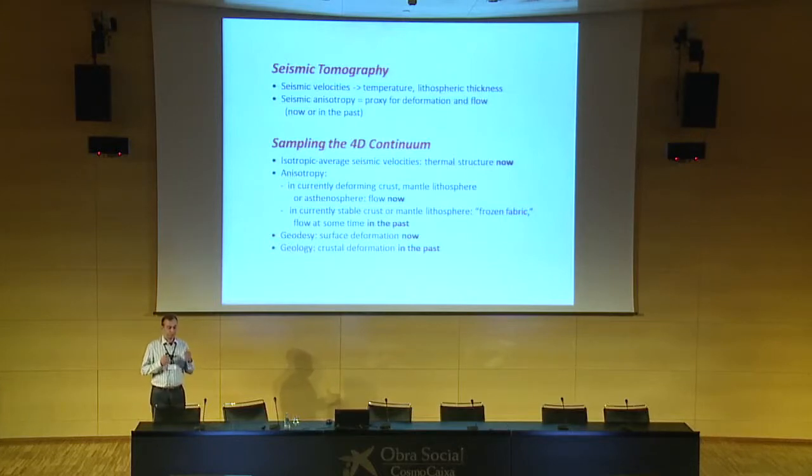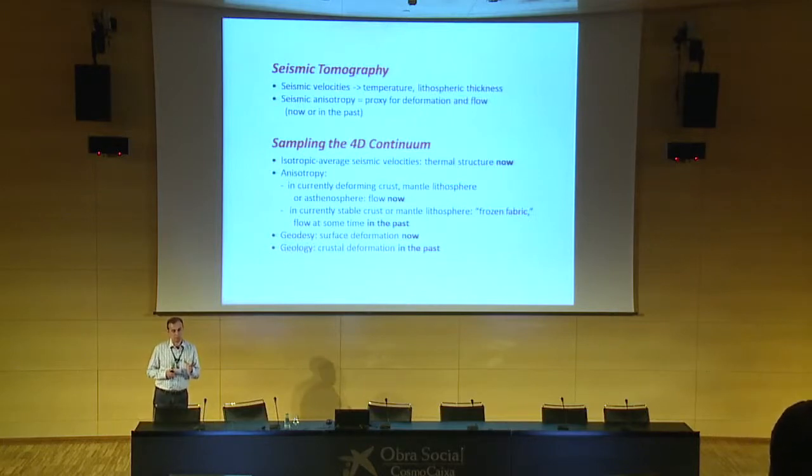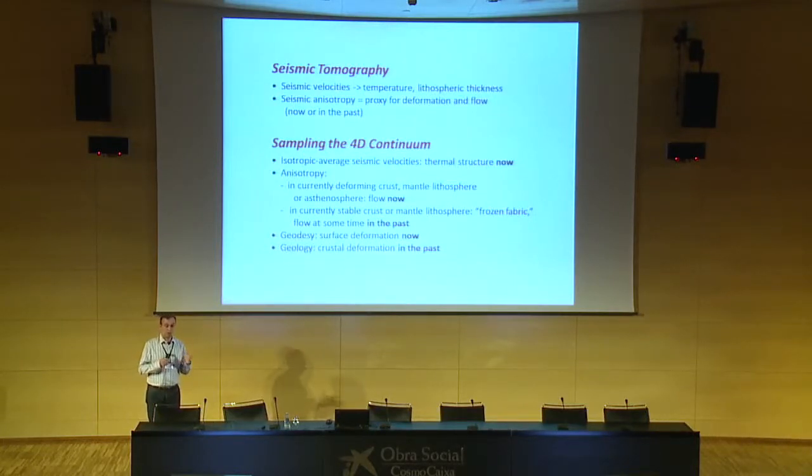So seismic tomography can give us isotropic average seismic velocities, and that's temperature and thermal structure today, now. And anisotropy can give us proxies for flow, either now in the asthenosphere or in currently deforming crust or mantle lithosphere, or in the past: currently stable crust or mantle lithosphere will contain frozen fabric that formed during the last major deformation episode.